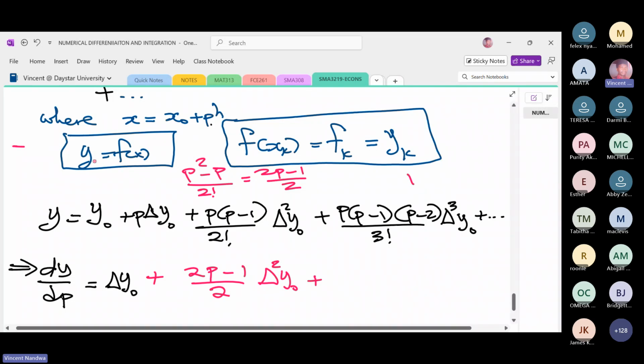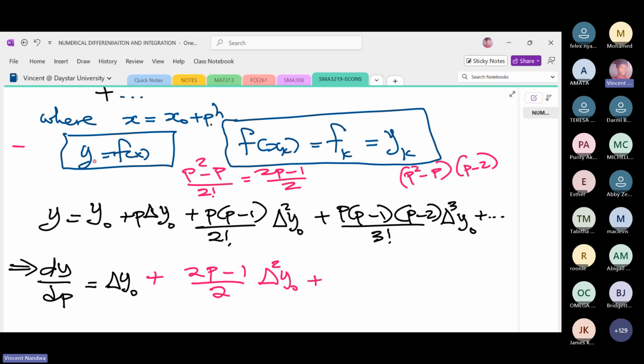then this other part, I'll have the same 2p squared minus p for the first product, then I need to multiply by p minus 2. So p squared times p is p power 3. P squared times minus 2 gives minus 2p squared, and minus p times p gives minus p squared, and minus p times minus 2 is plus 2p.